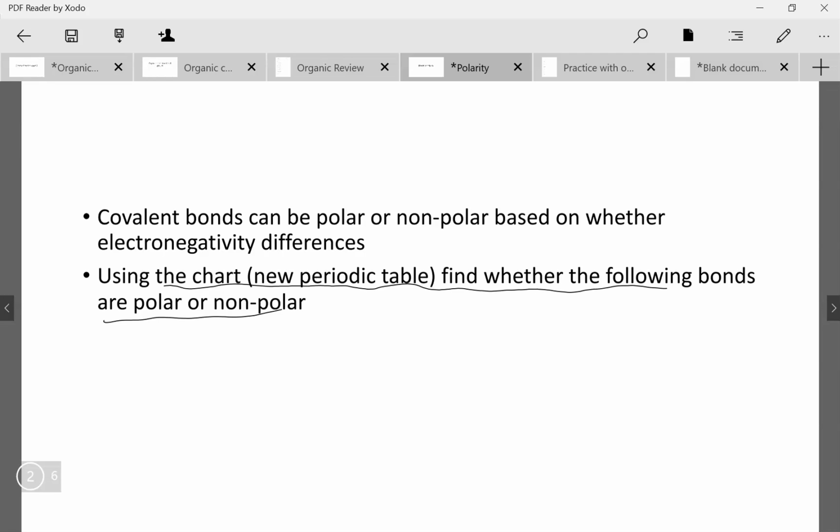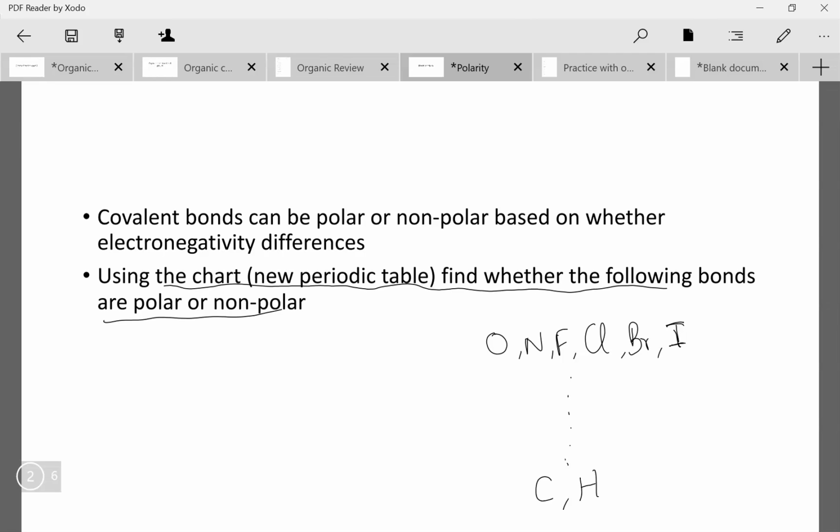You have what are called electronegative elements like oxygen, nitrogen, fluorine, chlorine, the main ones, even bromine, iodine, right? And then we have a kind of ranking, and carbon and hydrogen are relatively not electronegative.